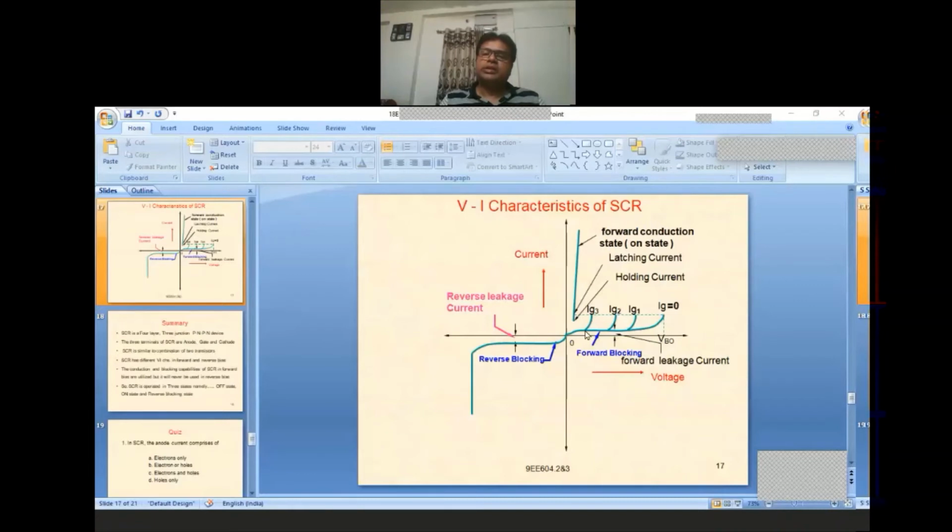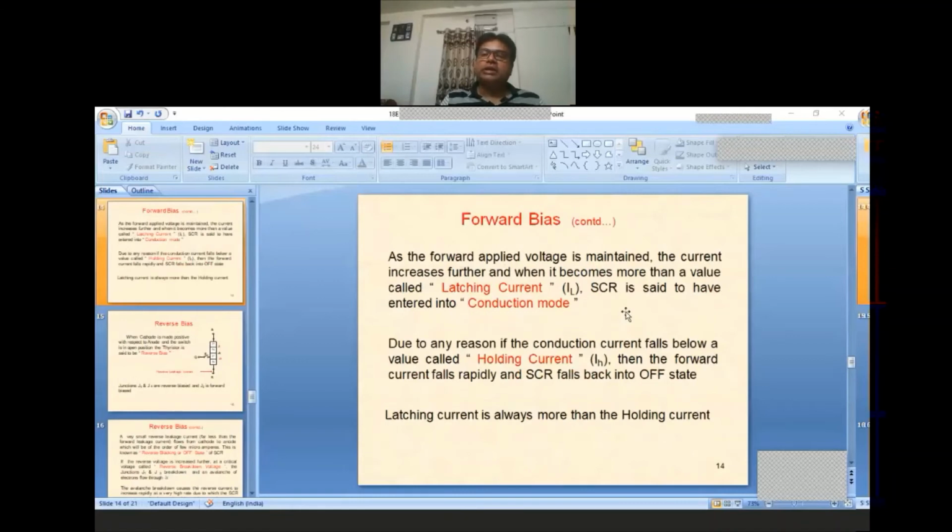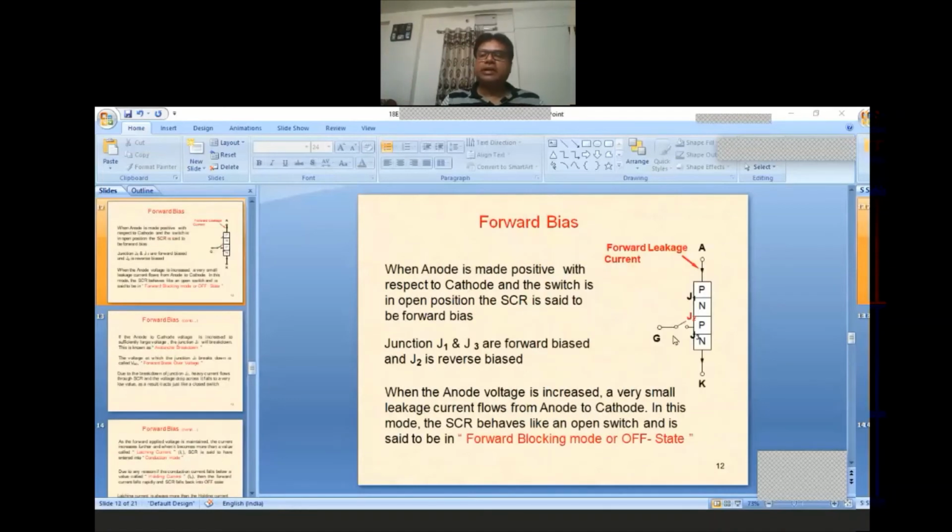There are limitations of minimum and maximum gate current, and also the corresponding gate voltage and gate currents. Those aspects we also have to discuss, and those will be discussed in the next session.